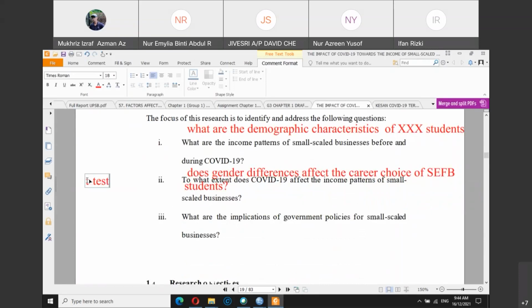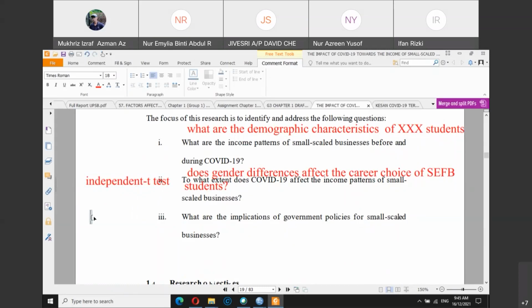So basically this is using t-test, to be more specific, the independent t-test. This is what research question number 2 is supposed to use in your analysis.